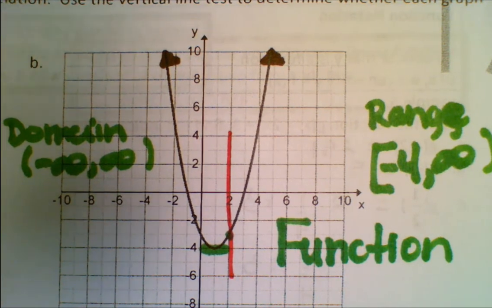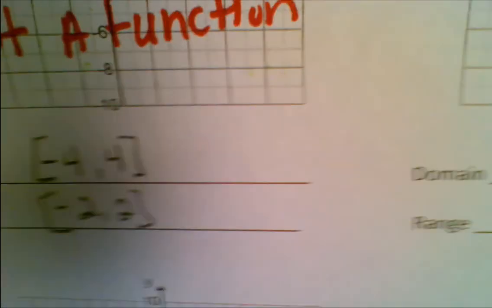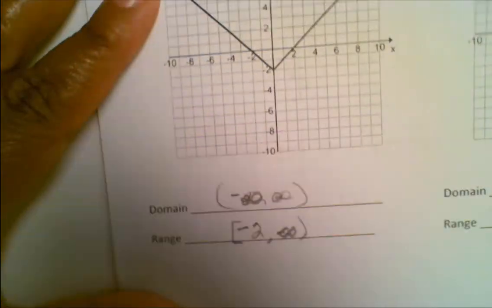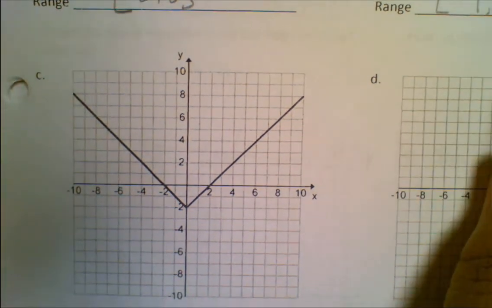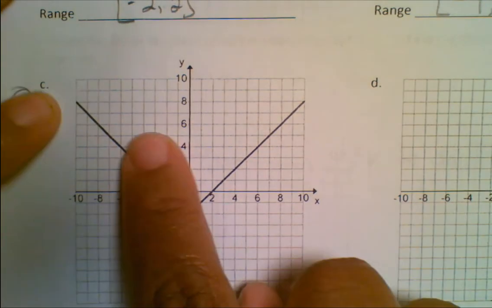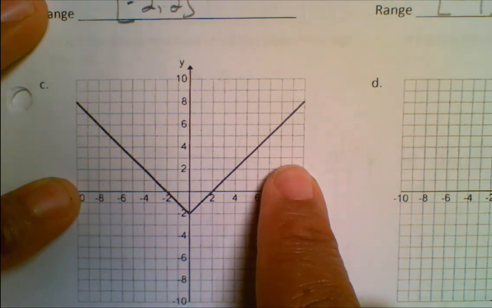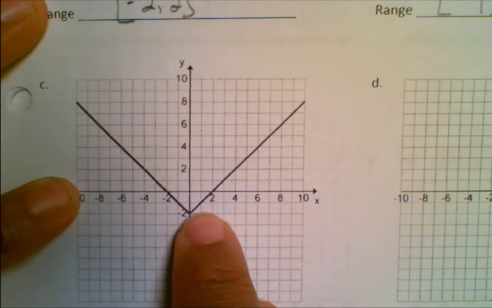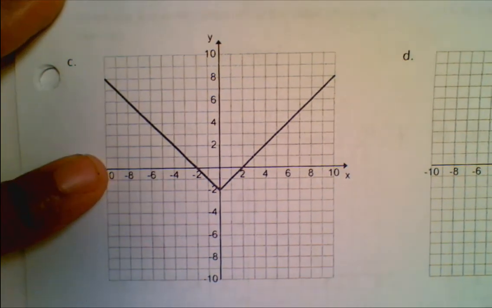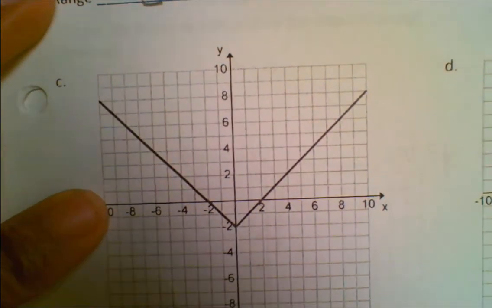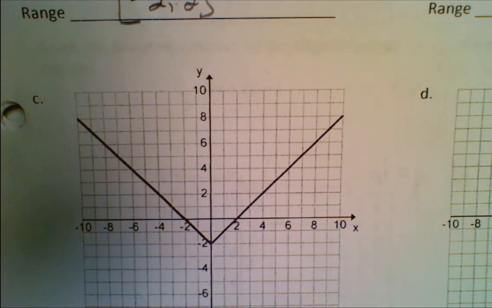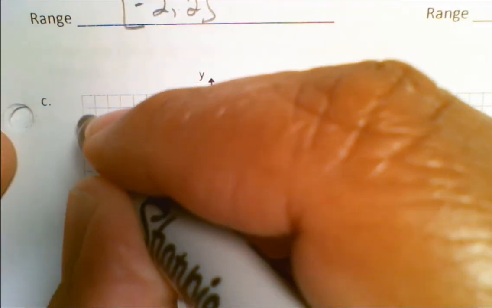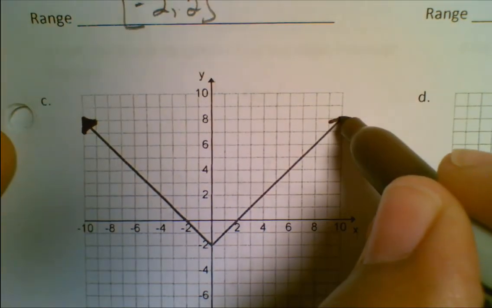Next example. Okay, as I adjust this, what we have here is an absolute value equation. Take a look at that. We'll zoom in some. Just like the parabola, the end of the absolute value equation is continuous.